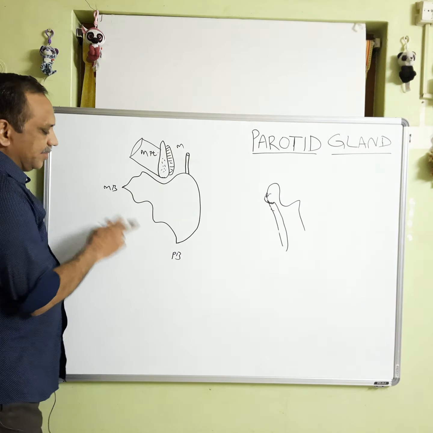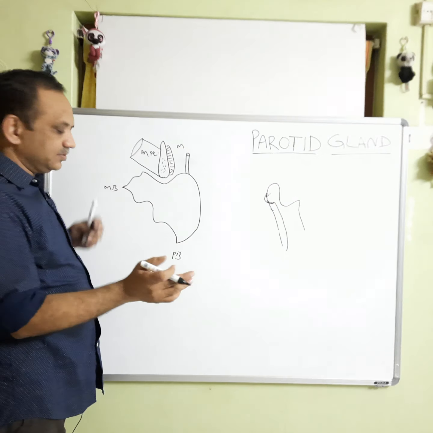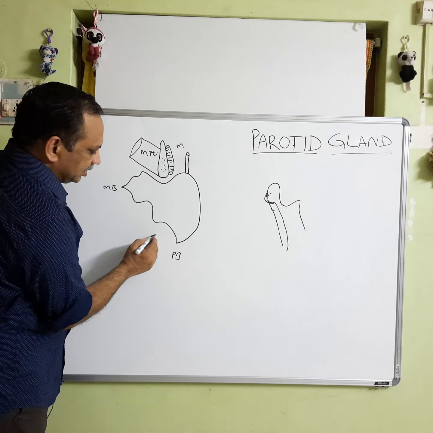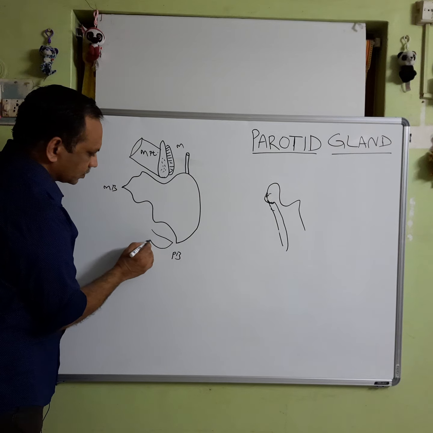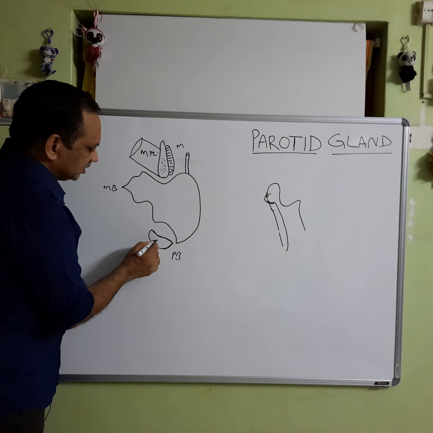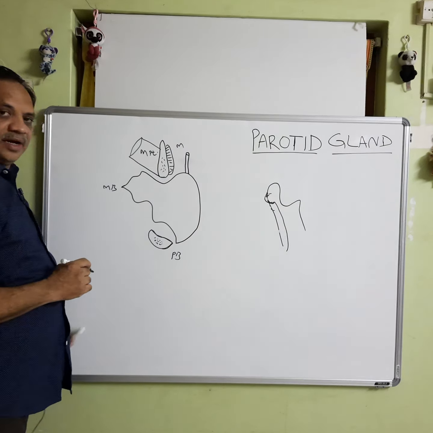So, now coming to this area, it is very extensive and it also presents a few grooves. This is the mastoid process.